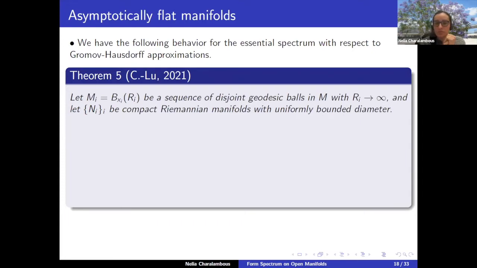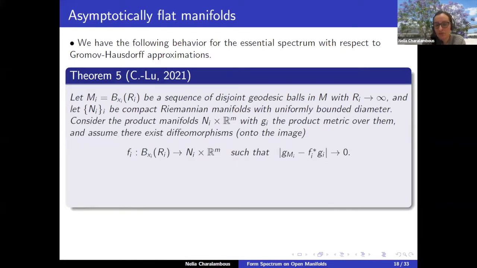And we assume that we have a sequence of compact manifolds that have uniformly bounded diameter, such that we can get approximation maps from our geodesic balls to the products of these manifolds times some Euclidean space. So we have a product of some N_i times R^m.